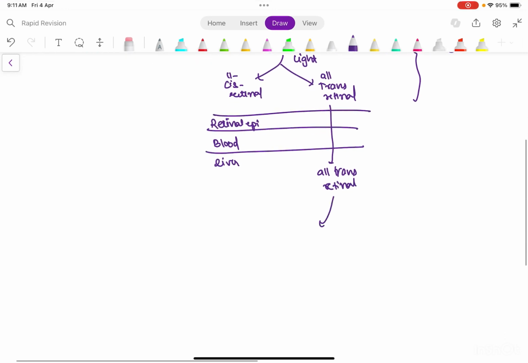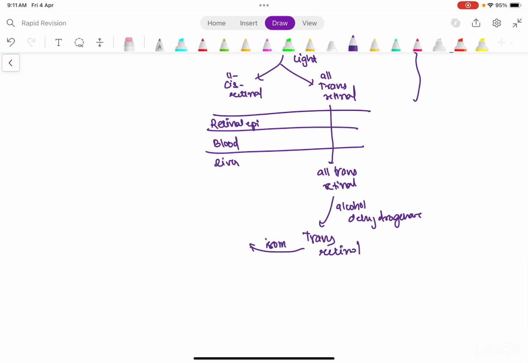So now this all trans retinal gets transferred to the liver. Now in this all trans retinal, by the action of alcohol dehydrogenase, gets converted into trans retinol. Now this trans retinol, by the action of isomerase, forms cis retinol. Now this cis retinol will convert into cis retinal.